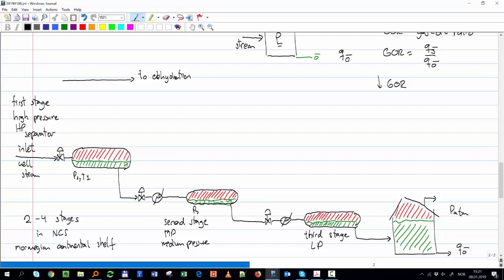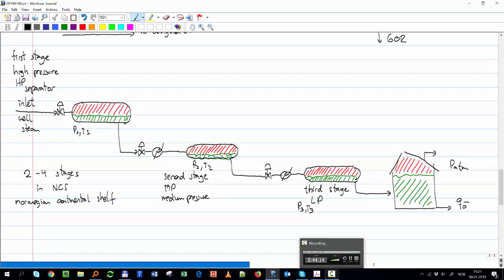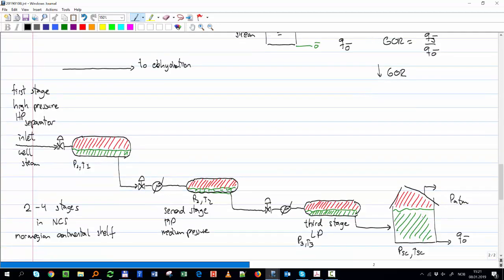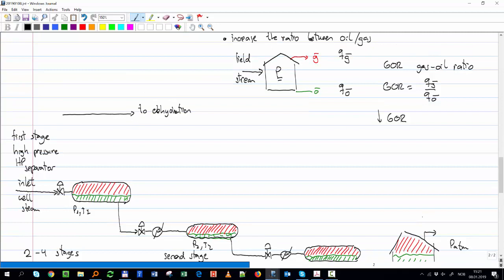Pressure 1, pressure 2, temperature 2, pressure 3, temperature 3, and here we say P standard conditions, T standard conditions. Okay, so that pressure that I have here, which is the pressure entering dehydration, is typically higher than P1, okay? That pressure is higher than P1.